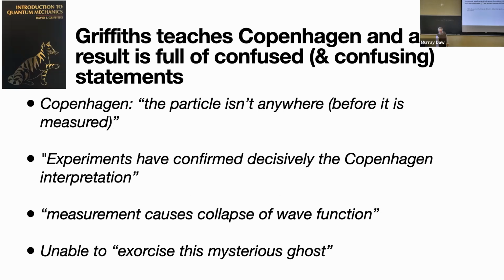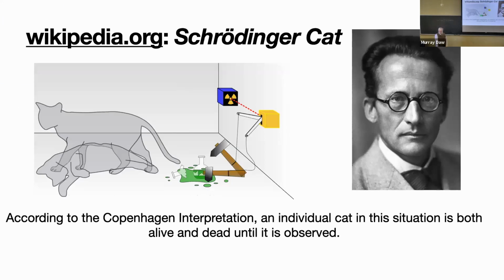Griffiths uses this to demonstrate to you that your common sense is just wrong. You think the cat has to be either alive or dead, but that's just wrong. Quantum mechanics is telling us that the cat is both alive and dead. And that's the way it's taught. So you're refuting your common sense. PFR, remember, builds on your common sense and says that's where we have to begin. And we're going from there and walking very slowly.